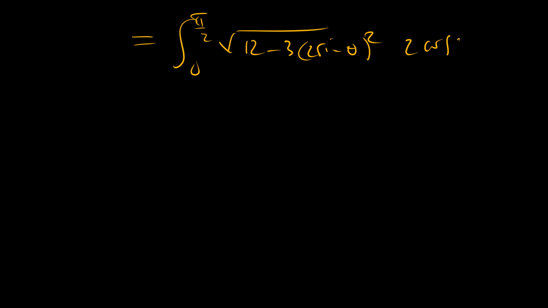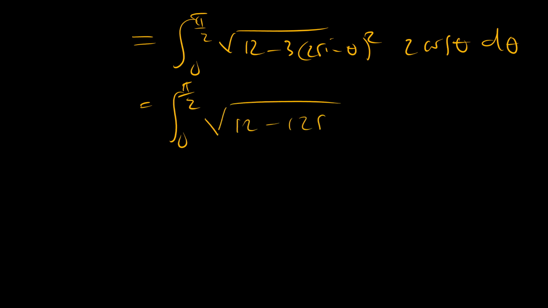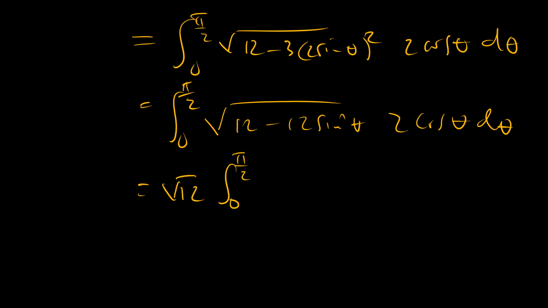This becomes 12 minus 12 sine squared theta, 2 cosine theta d theta. So we pull out the square root of 12 and we're left with the square root of 1 minus sine squared theta, 2 cosine theta.